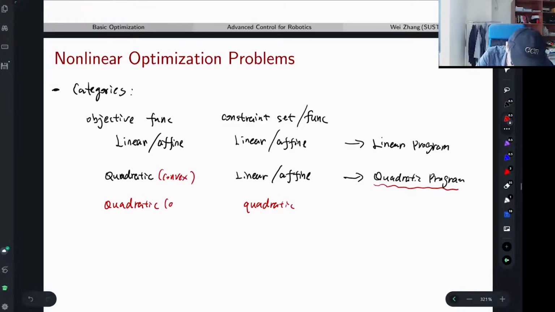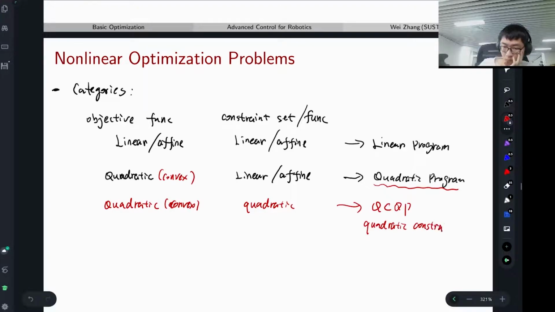So this is convex. And in general, if there's also a quadratic constraint, this is called QCQP. This is called a quadratic constraint quadratic program.